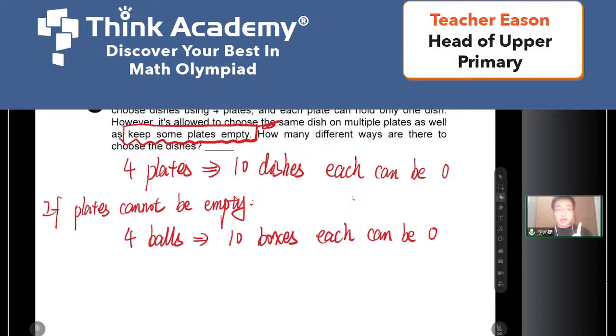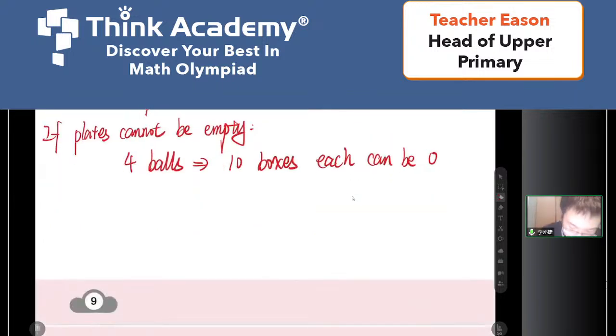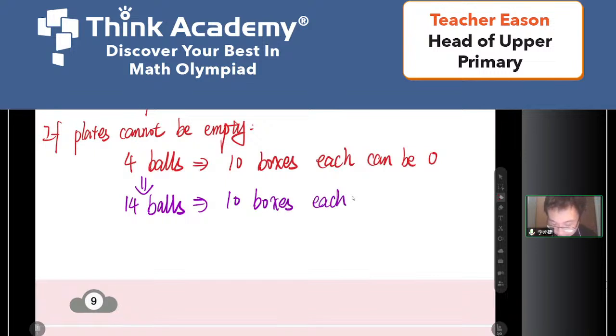So 0 is 1 less than 1. Maybe we just borrow 1 ball for each of the boxes. There are 10 boxes, so we borrow 10 balls, making a total of 14 balls. As we borrowed 1 ball for each box, each box now contains at least 1 ball.